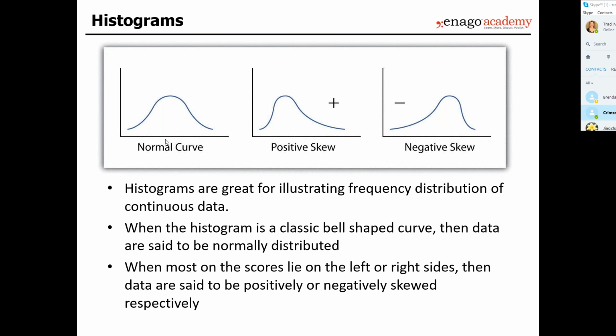If the data presents as positively skewed data, the taller bars would be moved towards the left side of the graph, closer to the y-axis. And on the opposite side, if we had negative skewed data, then the taller bars would be presenting closer to the right side of the graph or further away from the y-axis.